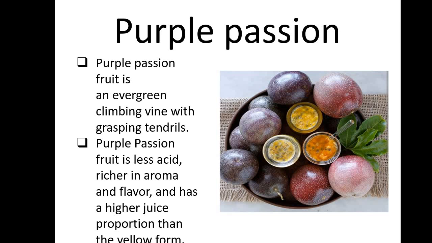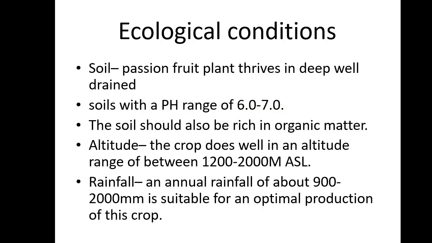So we have our objective number 3, and we were to discuss the ecological conditions suitable for passion growth. So what are some of the ecological conditions of growing passion?